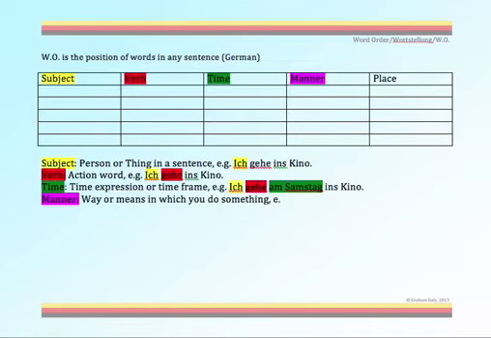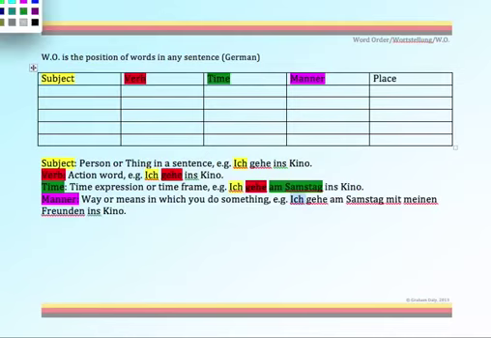The example here is Ich gehe am Samstag mit meinen Freunden ins Kino. Again, we're going to label everything.